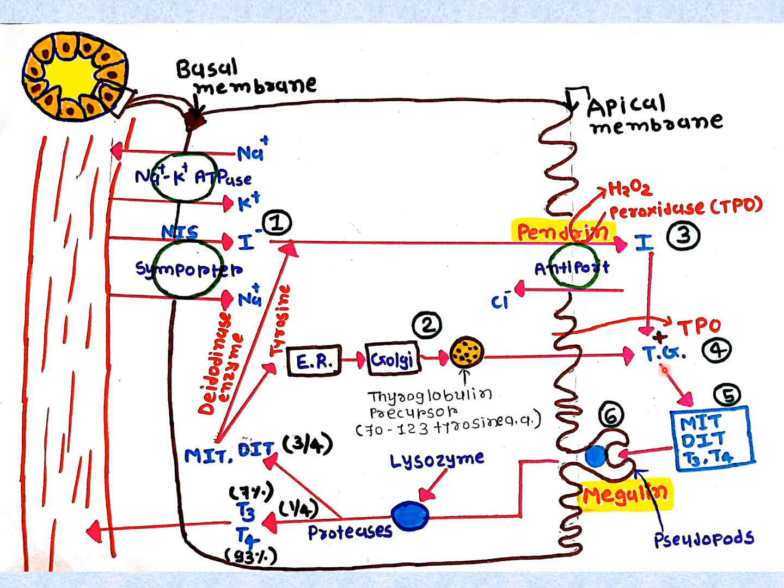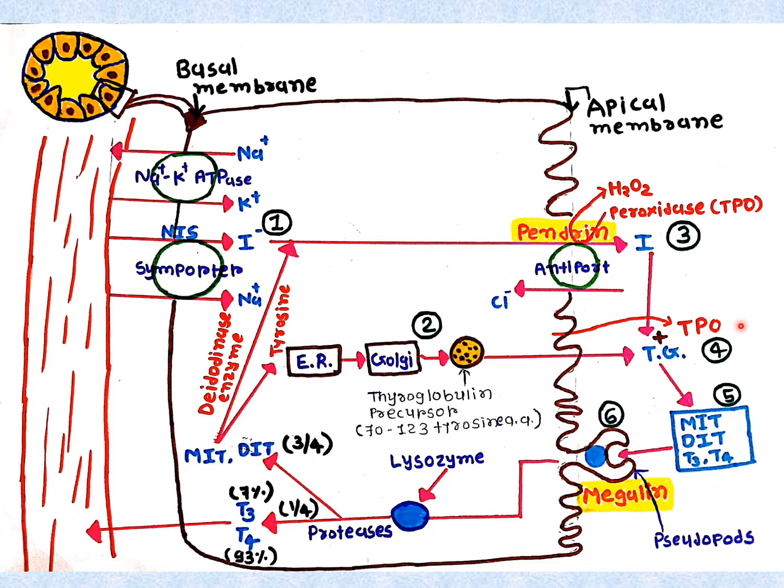Because of the presence of the peroxidase system TPO on the apical membrane, it becomes very fast, within seconds or minutes. So the binding, or iodination, of the tyrosine amino acid with the iodine or oxidized iodide in the presence of TPO, the thyroperoxidase enzyme, is known as organification.